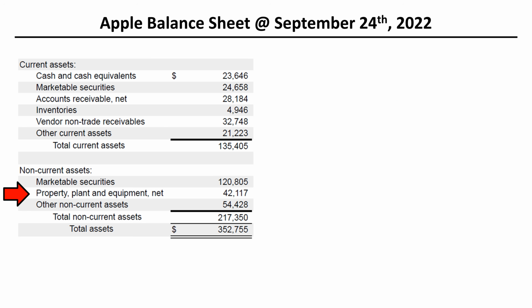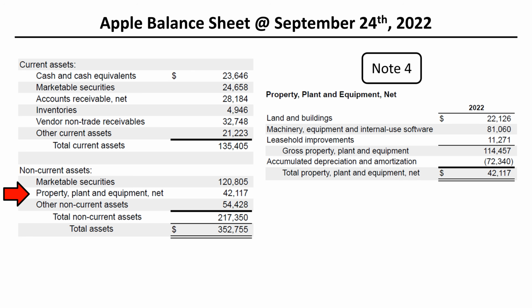Property, plant and equipment, also known as fixed assets. Note 4 gives us the split of the gross value into three categories: land and buildings, machinery, equipment and internal use software, and leasehold improvements. And it reconciles gross value to net value through accumulated depreciation. How much has been depreciated so far?